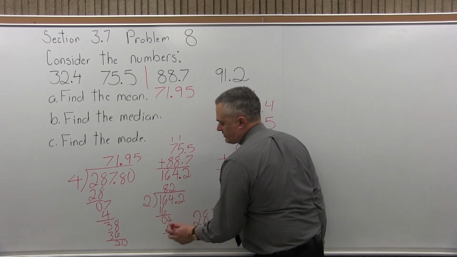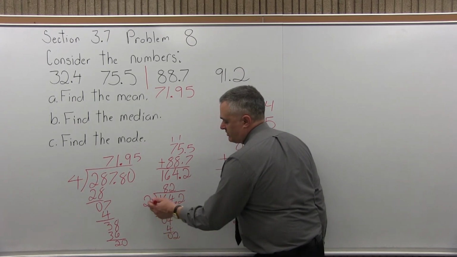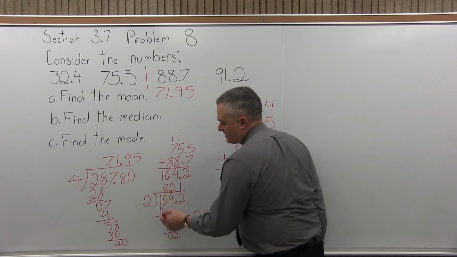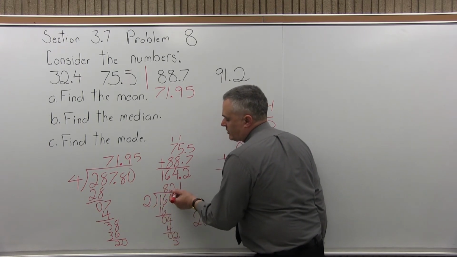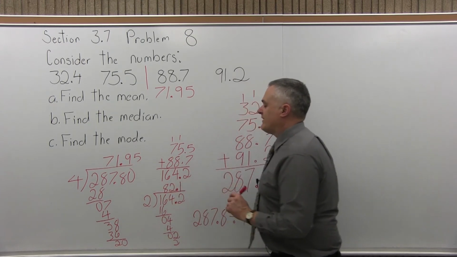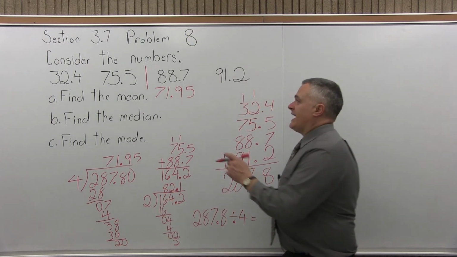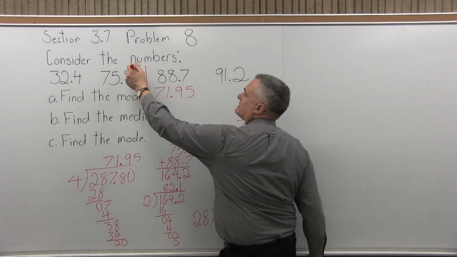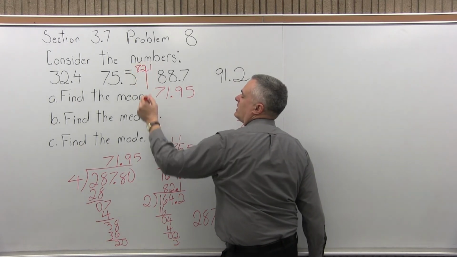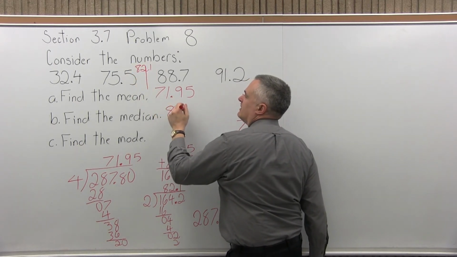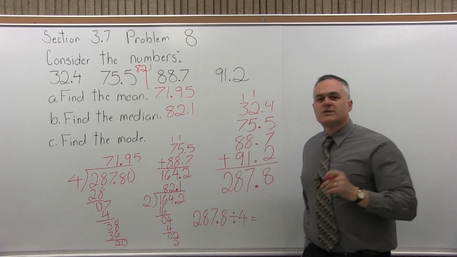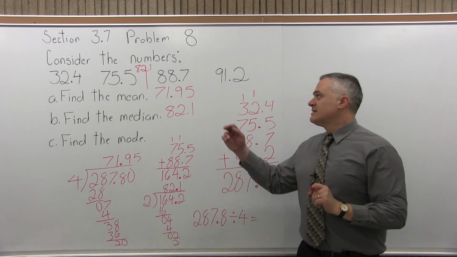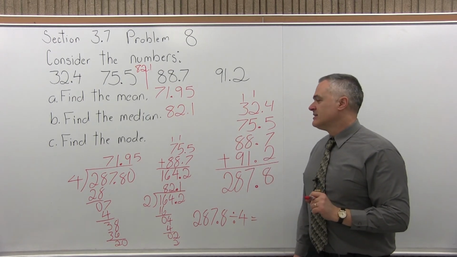Bring down the next digit, which is a 2. 2 divides into 2 once. Now I have a decimal point, I have to bring it straight up. So I have 82.1. That's the median. Even though 82.1 isn't an actual number in the list, it represents the middle of the list. It splits the middle 2 numbers in the list.